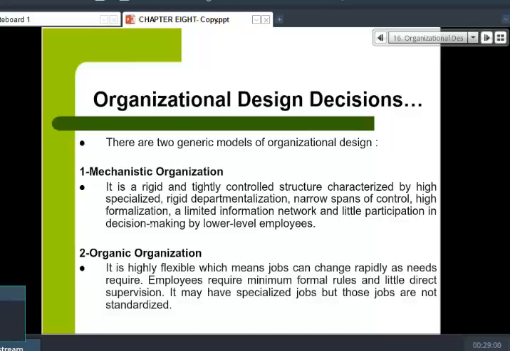Organic organization is highly flexible, which means that jobs can be changed rapidly as needs require. So the employees here require minimal formal rules and little direct supervision. It may have specialized jobs, but those are not standard.